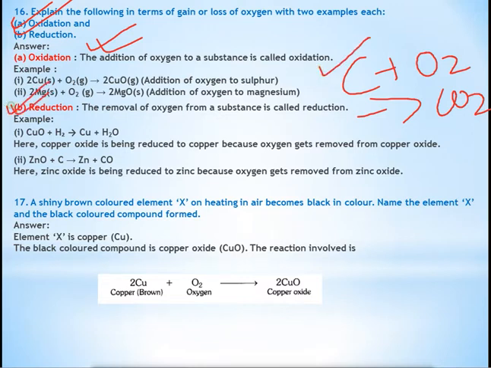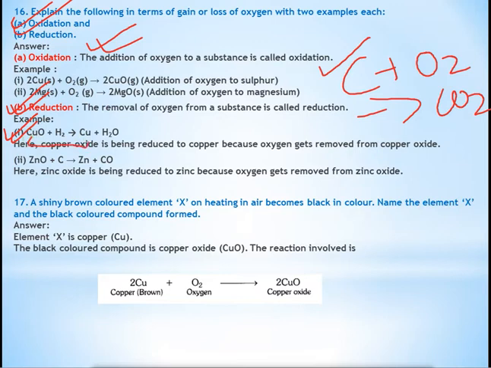And what is the meaning of reduction? Reduction means removal of oxygen. If from a substance oxygen is removed, then that process is called reduction. And if hydrogen is added, that is also called reduction. So don't get confused. Let's take an example, CuO plus H2. In this, with copper, oxygen is attached. If we remove this oxygen, we will get copper.